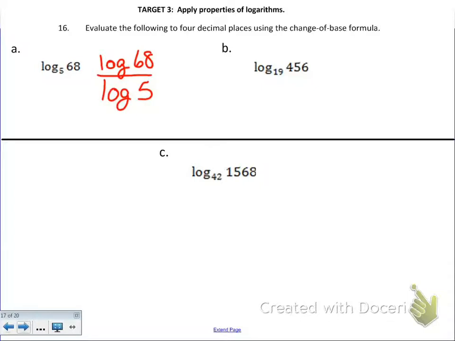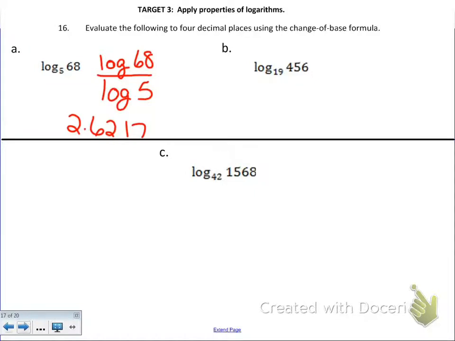So in your calculator you do log 68 divided by log of 5. And you should get an answer of 2.622. And you usually want 4 decimal places. I didn't even read my own directions there. So it's 0.6217 would be our answer.